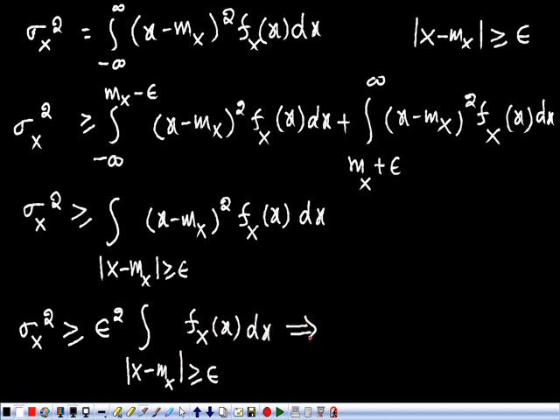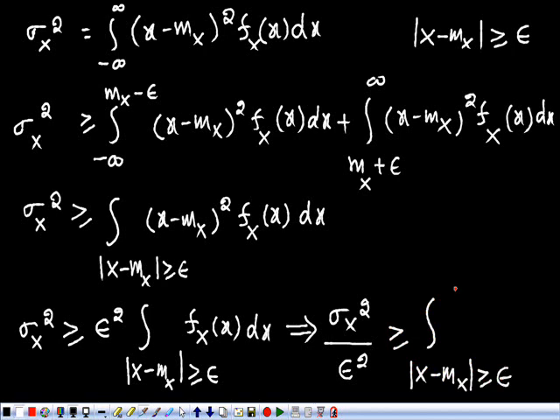This can be written as sigma x square divided by epsilon square is greater than or equivalent to integral over x minus mx greater than or equivalent to epsilon. This is fx of x dx.